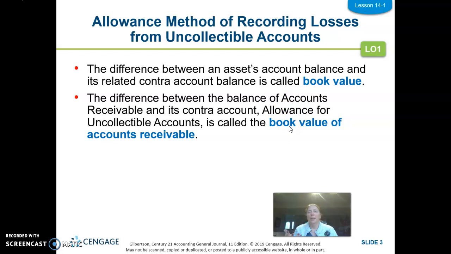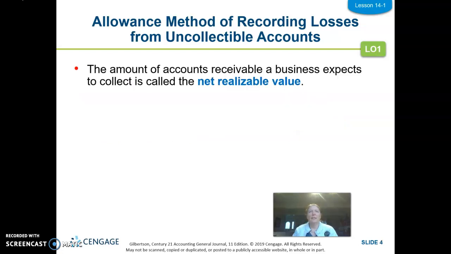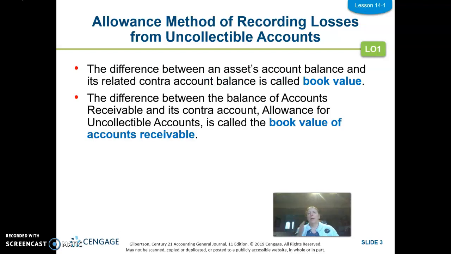It's what we believe we're going to get, and I think that's on the next slide. It's our net realizable value. So AR minus allowance for uncollectible accounts equals our book value, and that book value is what we think we're going to collect related to all of those customer receivables.